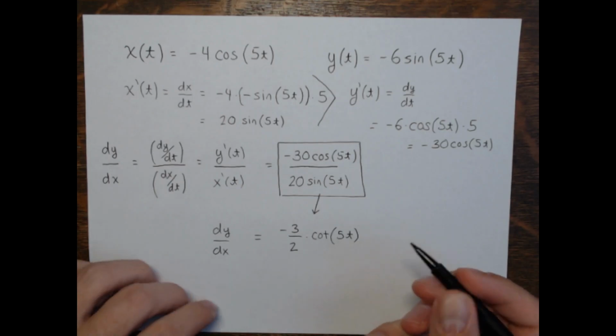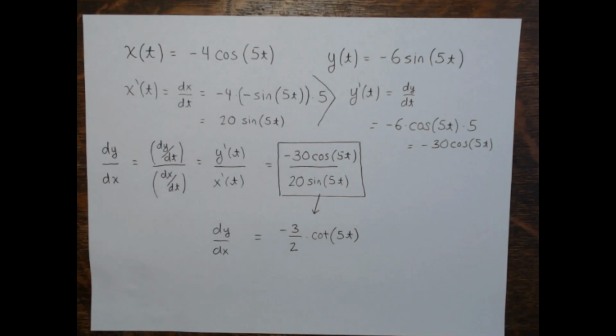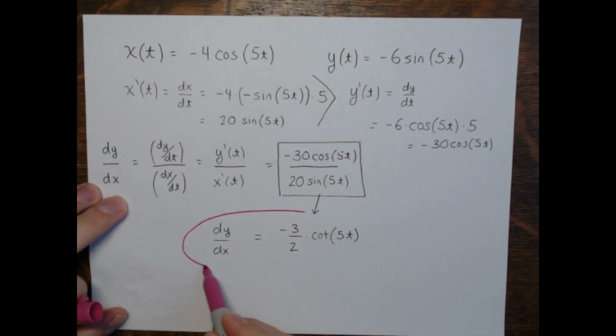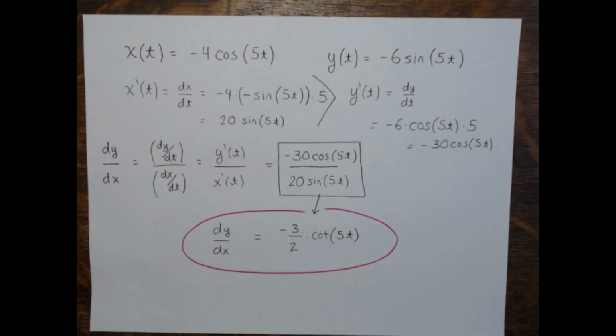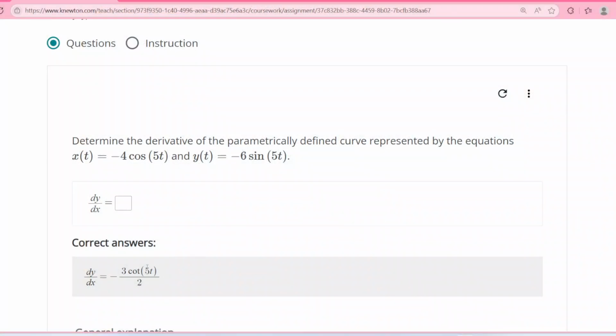Cotangent of 5t. And I'll put a different color around this one. This is what they're showing me in my answer here in the instructor mode, going back to the website. The -3 cotangent of 5t all divided by 2, which is the same thing as what I wrote with the -3 halves times the cotangent of 5t.